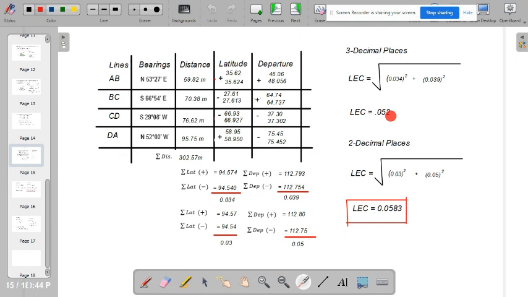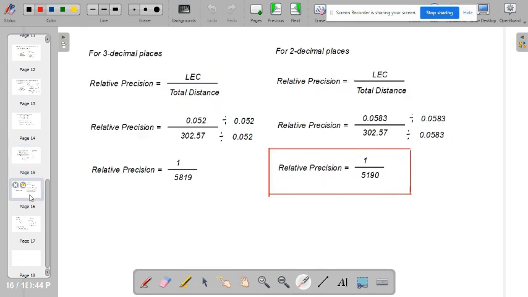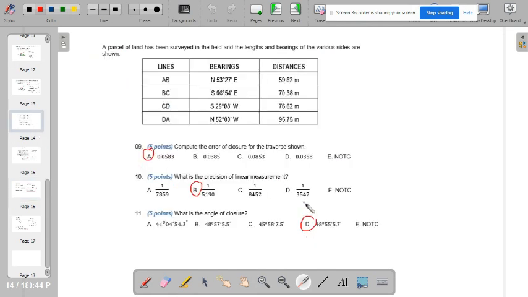Now, what I'm trying to say is your solution is your key, no? Okay. Next one, if in your solution, lumalabas is 1 over 5819, tapos wala sa choices, okay? Nag-round off kayo ng NOTC, correct yun. I'm going to consider that as correct. Okay?